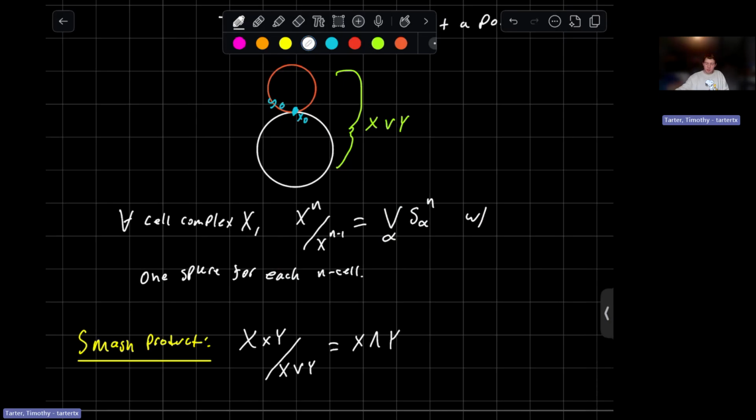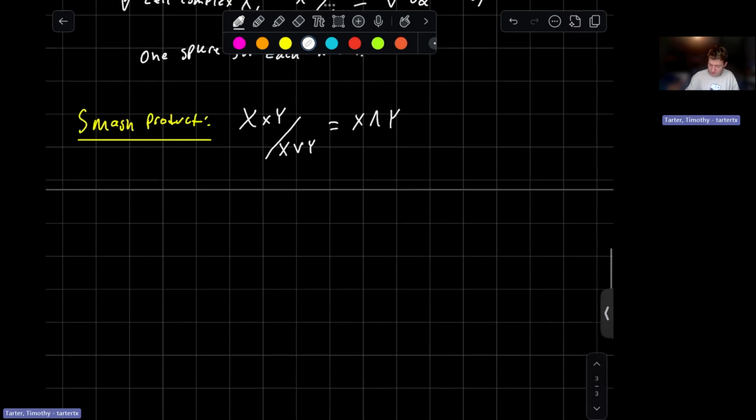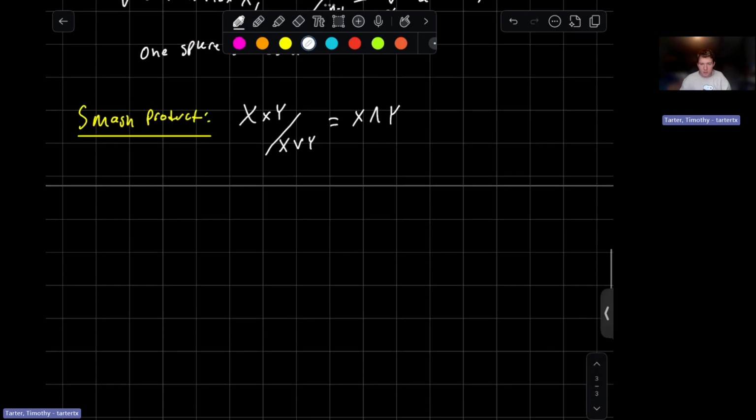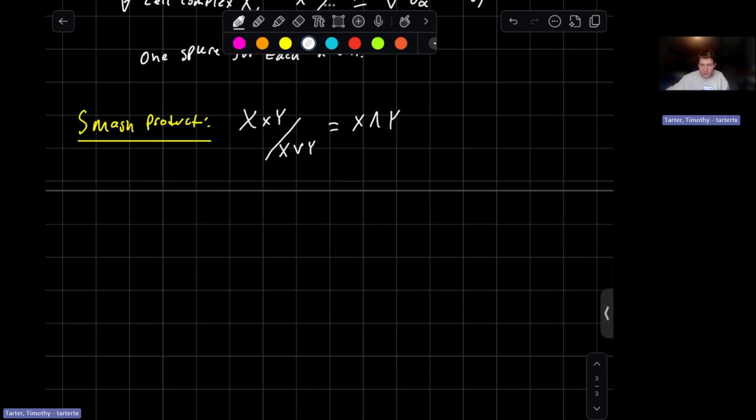So we can, okay, here's a really good picture for it. So it collapses, okay, I'm going to draw the picture first, and then I'm going to do it.